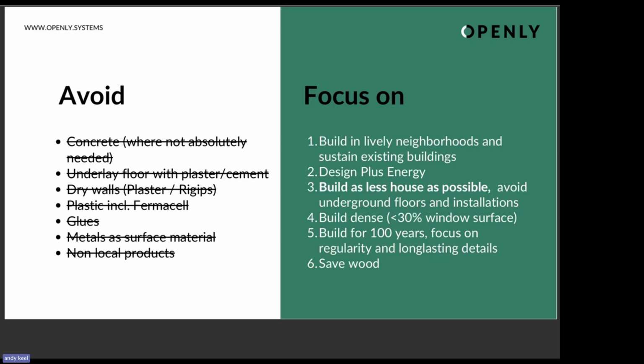This is also openly, we produce more energy than the whole building consumes, and reduce the building measurements, meaning build as little house as possible, and also reduce the window frame. So I don't want to go deeper into that. I'd just like to give you an overview of how this all fits together.